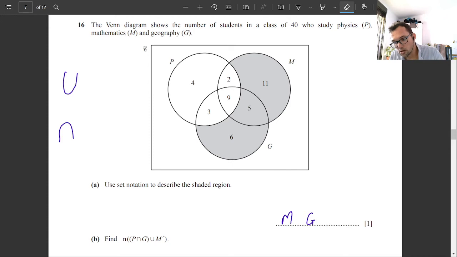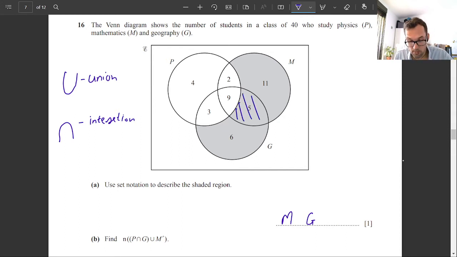Do we put union or do we put intersection? Now, if it was intersection, it had to be in M and in G, which means only this part would have been shaded, or including that 9. That would be intersection. Union means it is in M or it is in G, or is in both. So we need to put union in between.